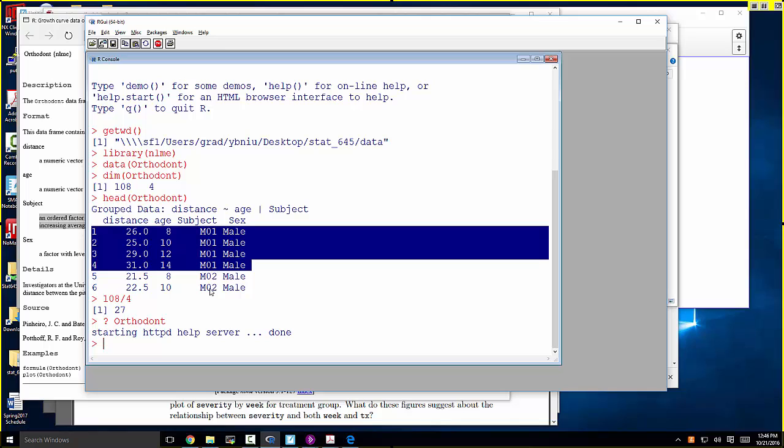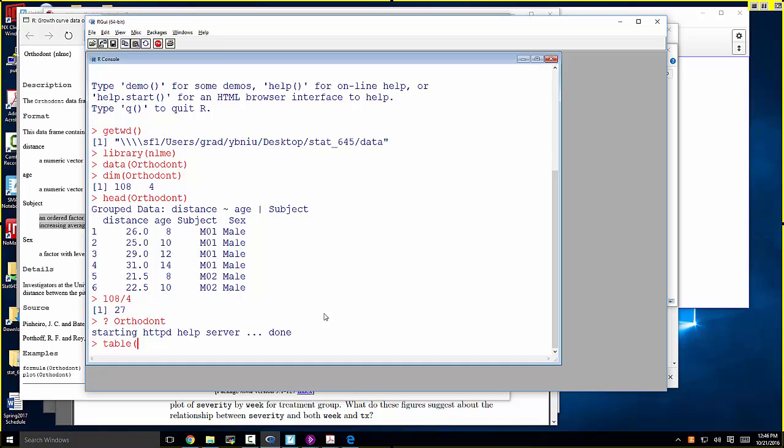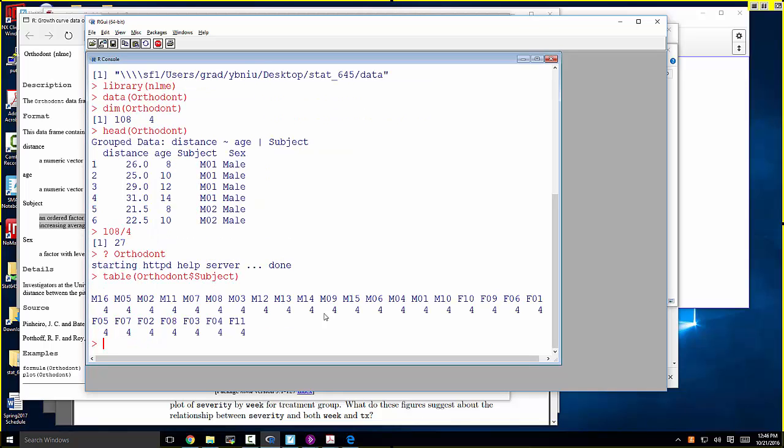Then we have M02, and we will eventually have F01, F02, and so on. And for each one of these people, we have 4 measurements. First individual was measured at ages 8, 10, 12, 14.